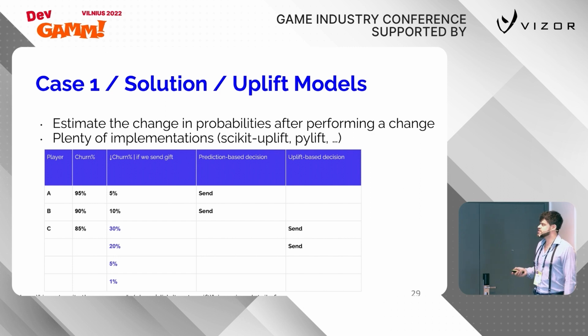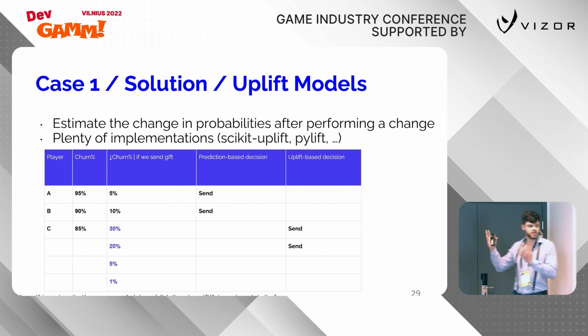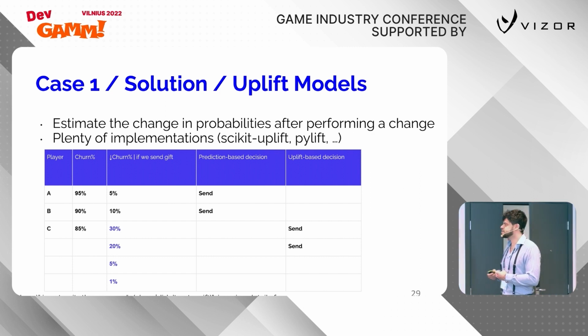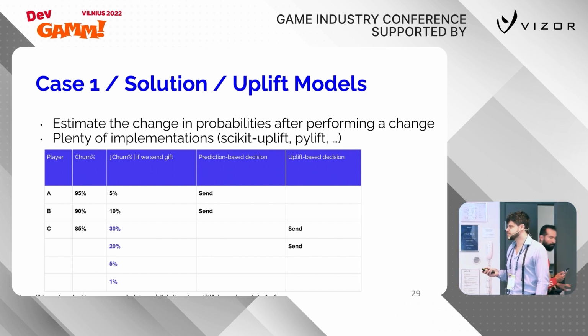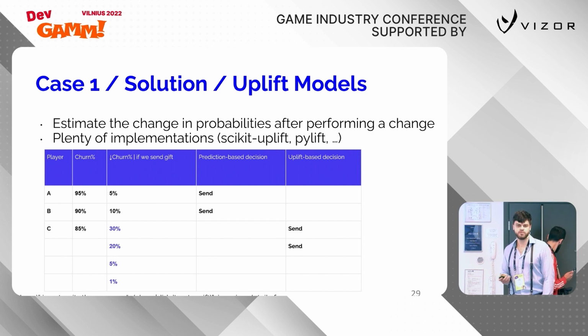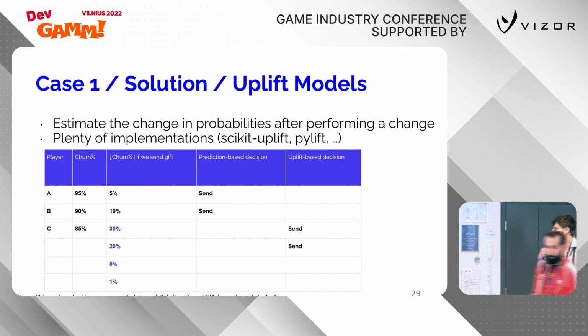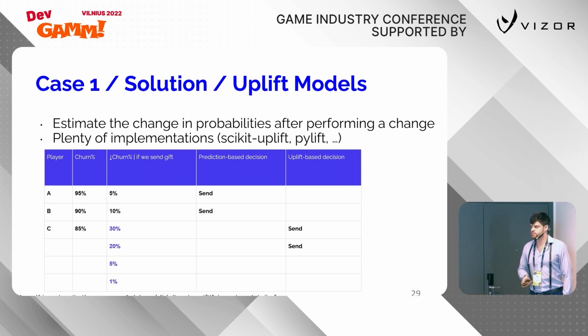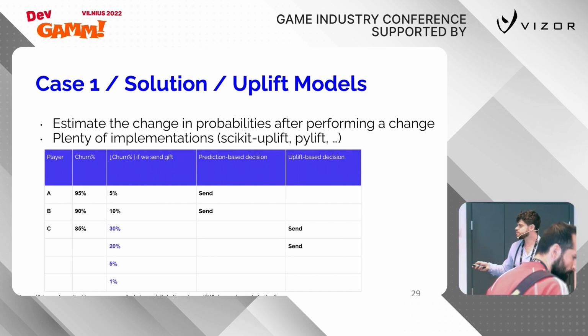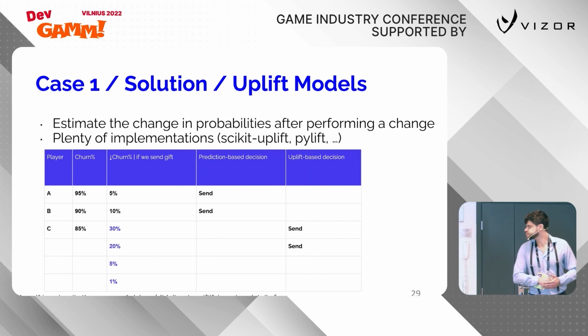Instead of just giving a probability of some event in the future, they give the change of probability after we do some action. For example, the typical prediction-based model will give us the churn probability, right?